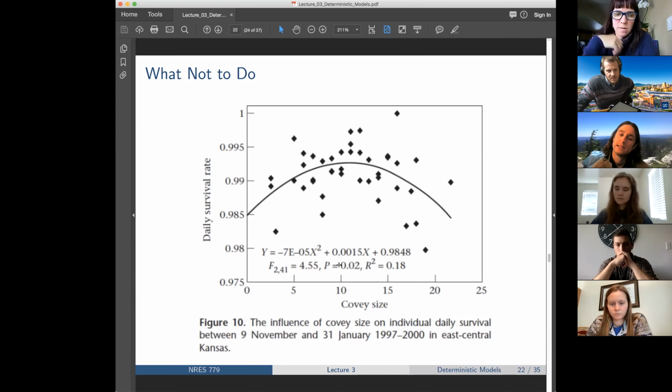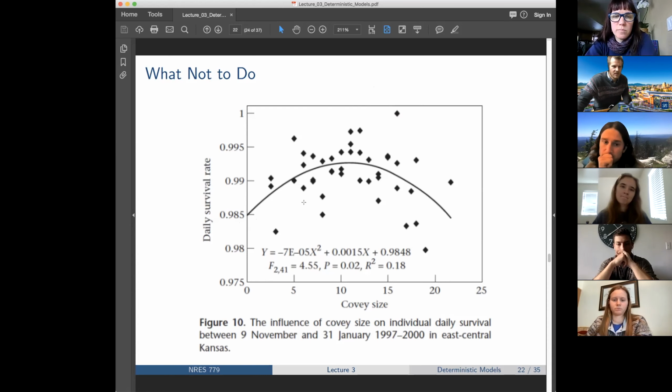And with that, we can get some p-values, F statistics, R squared fit. Why wouldn't we want to do this? Well, what happens when we estimate 95% confidence intervals and it goes above 1? What does that mean? What does it mean to have uncertainty greater than 1? What happens if, for whatever reason, this function goes above 1? There are no restrictions on this function. How do we have over 100% survival rates?